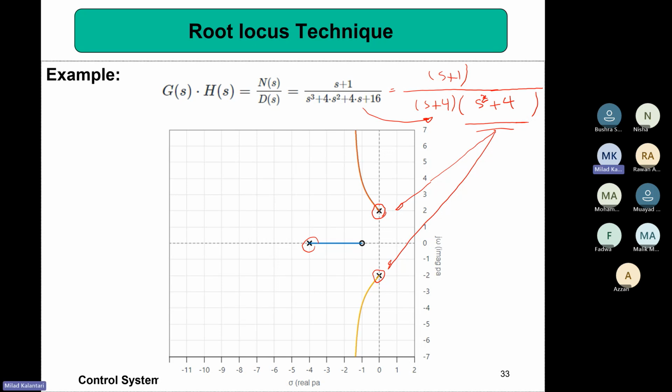And then one pole at -4. So again, we go back from the real part, right? Starting from real, see where the possible locations are. Here it is possible to have it. This is the only real part that we can. And then what else? How to decide for the other things?